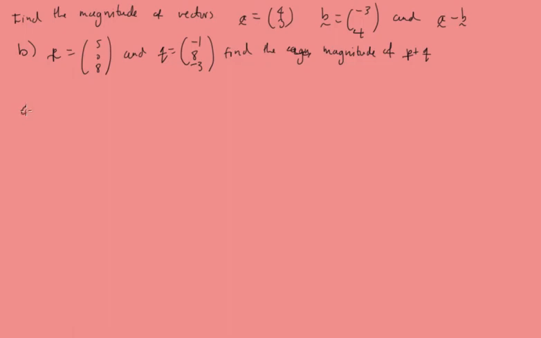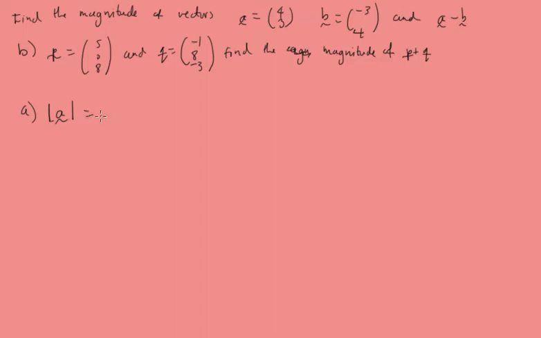Okay, so part A. We want to find the magnitude of A. The notation we use for the magnitude is the same as the notation for modulus. Here we've got a vector which is 4 in the x direction and 3 in the y direction.